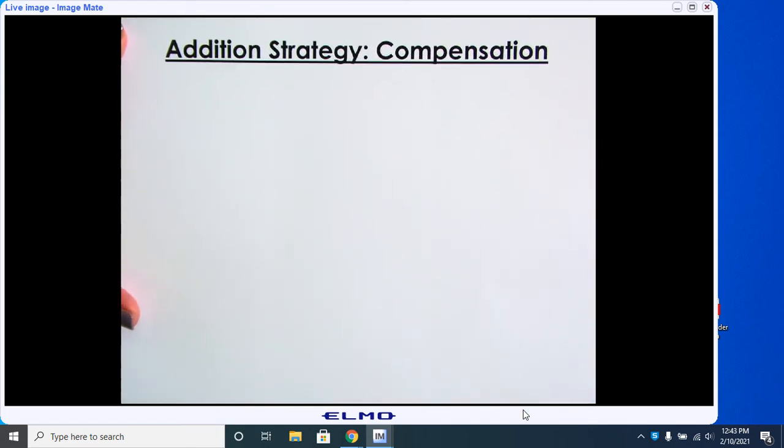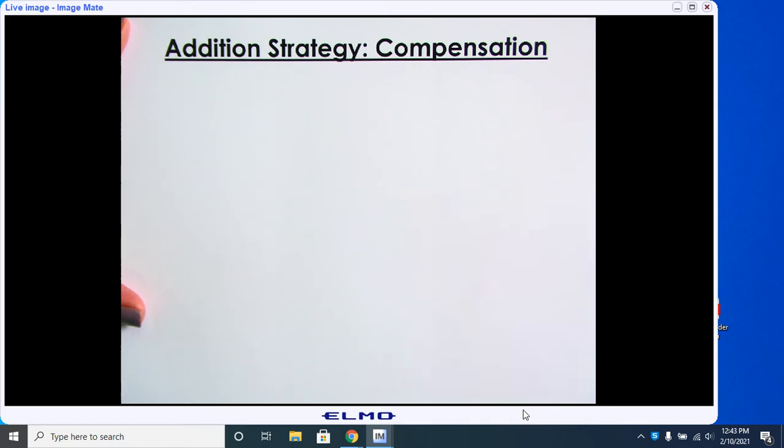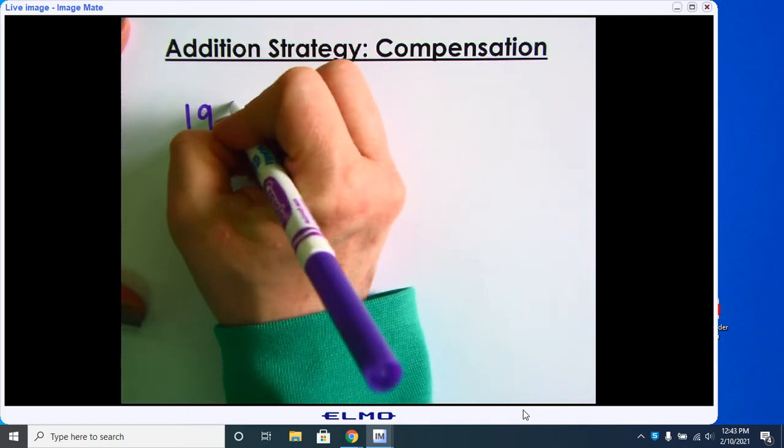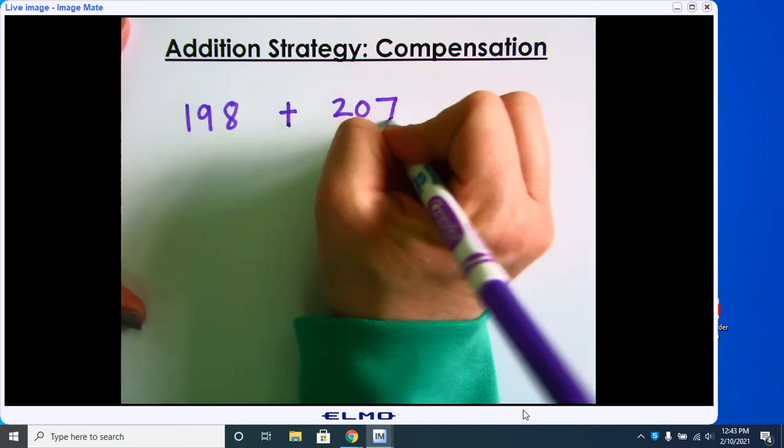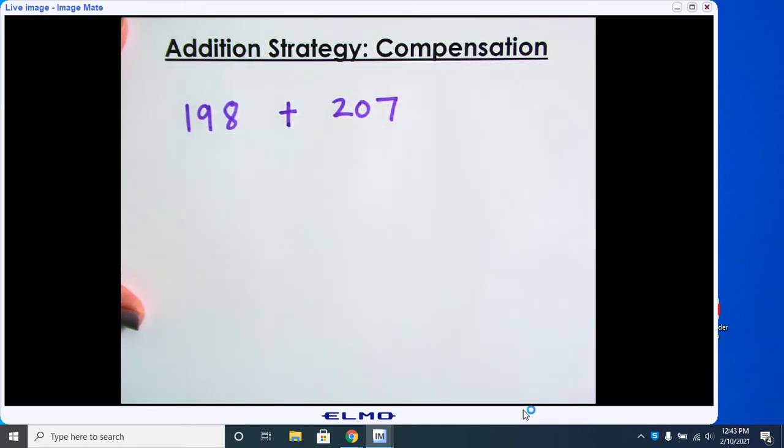All right, next strategy, compensation. Let's look at 198 plus 207. Now, this is the most efficient, that means the fastest. This is also the hardest.